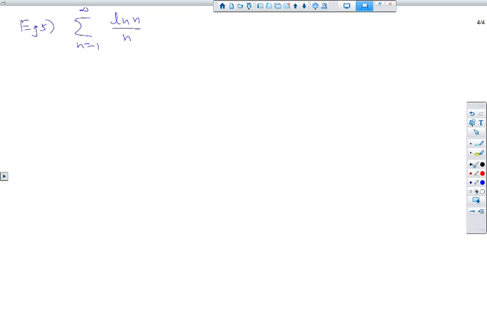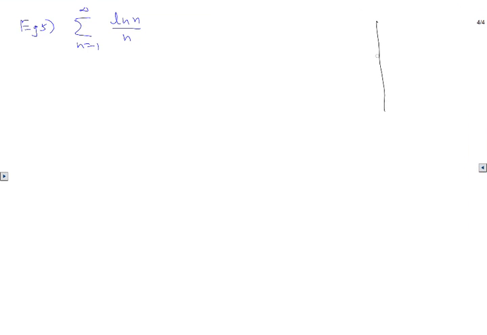If you think of the graph of natural log, you can see that the graph looks like that. It's going to reach 1 at some point, and you know that it reaches 1 at e, which is roughly 2.718, so it's a little less than 3. So if n is bigger than 3, ln n is greater than 1.